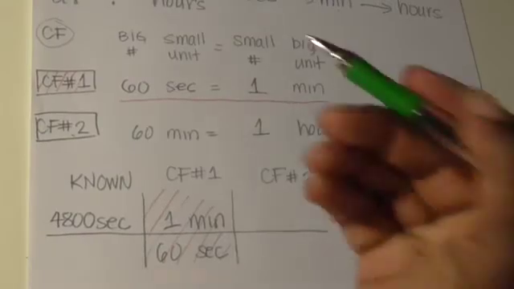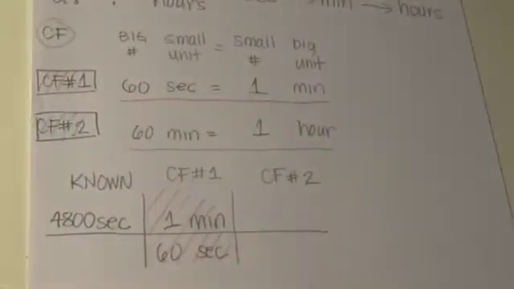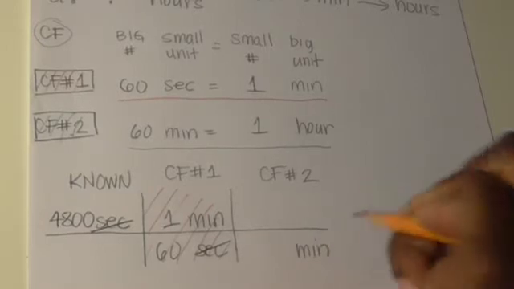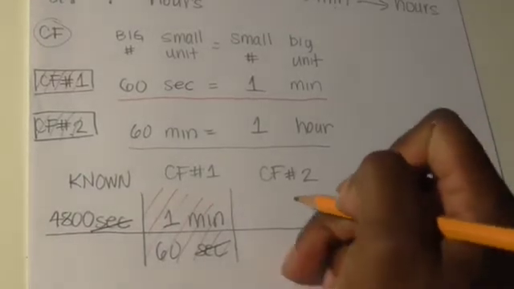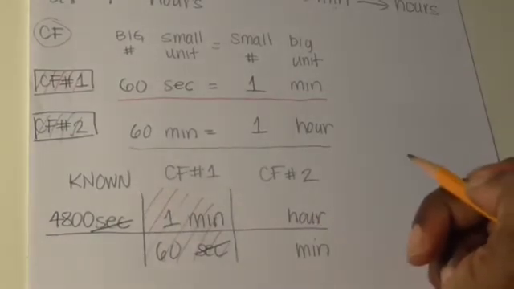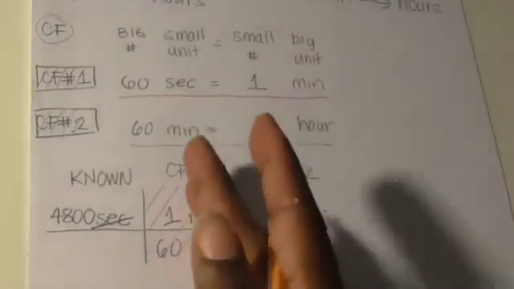Now I'm going to look at my green conversion factor. Seconds canceled already. Minutes is at the top of the previous step, so we need minutes at the bottom of this step. Then hours is going to have to be at the top. Oh wait, we don't even need to focus on the numbers.